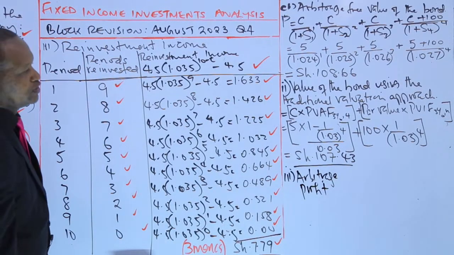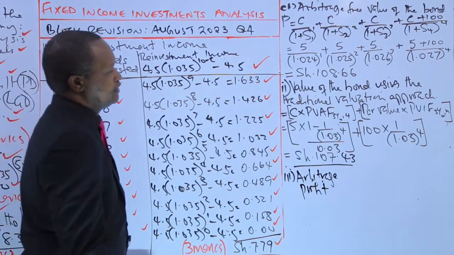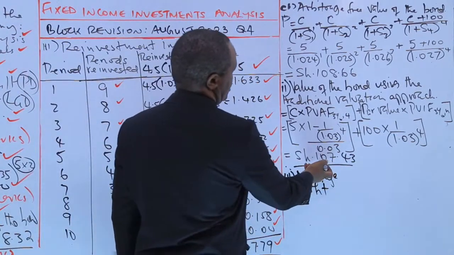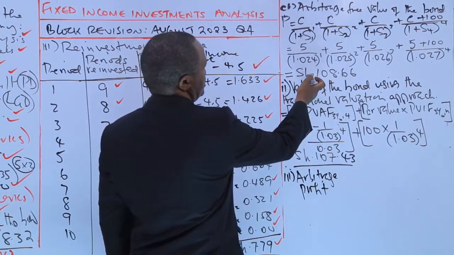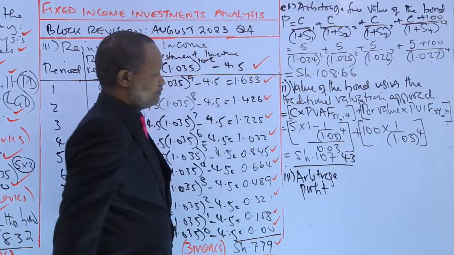Now, to calculate the arbitrage profit, we are going to deduct the value of the bond from the arbitrage free value of the bond.